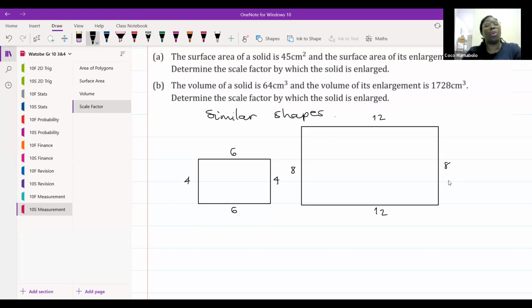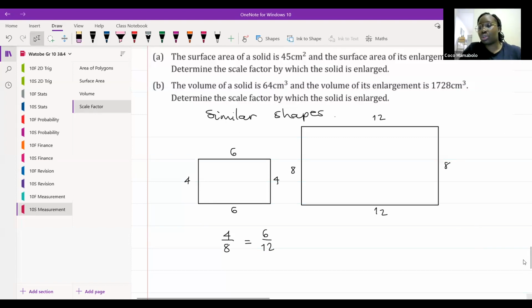They are in ratio or in proportion. That's it, Rulani. So I can actually write these in proportion. I can say that 4 over 8 is exactly the same as 6 over 12, and I'm going to get the same scale factor on both sides.